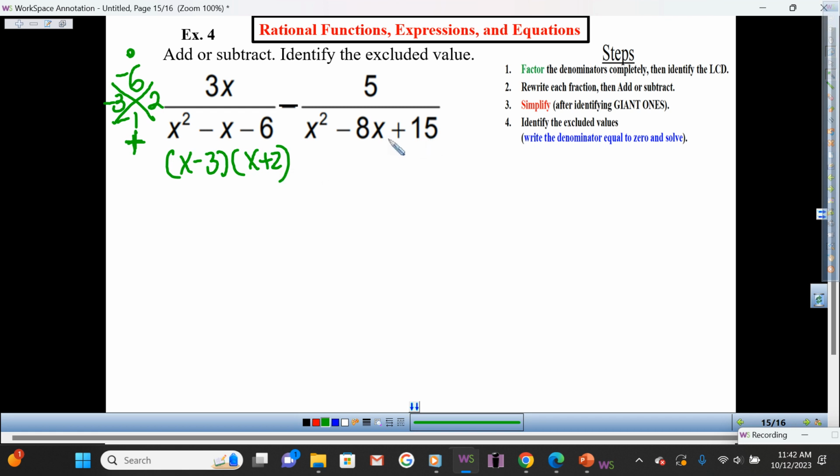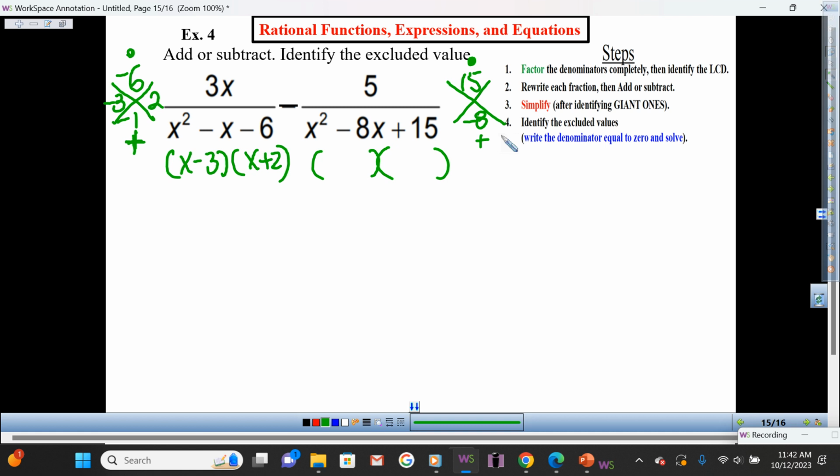All right. I want you to find me the two factors for the other denominator. Two numbers that multiply give me +15, that when you combine them give us -8.